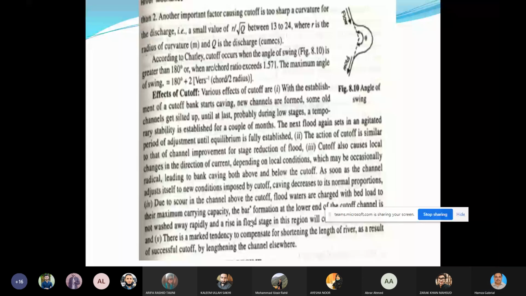Cutoff also causes local changes in the direction of current, which will mainly result in the erosion of the banks itself. So bank erosion will start once the cutoffs are formed. This is the main effect of cutoff.